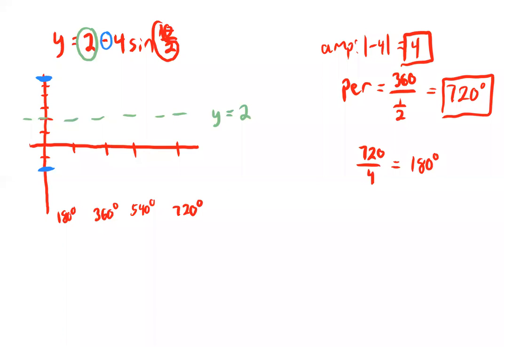So this would be my new origin right here, where the midline meets the y-axis. Because a is -4, it has to go down to the minimum. So from the starting point, we go down to the minimum. Then this will become a 0, just shifted up 2. Then we have a max, and then a 0. And this is what the final graph is going to look like here.